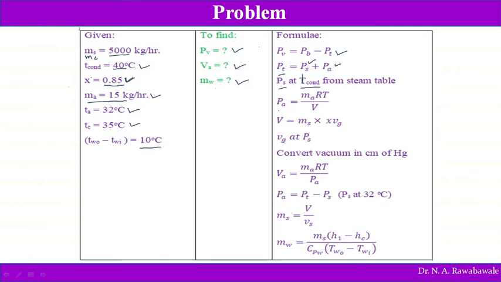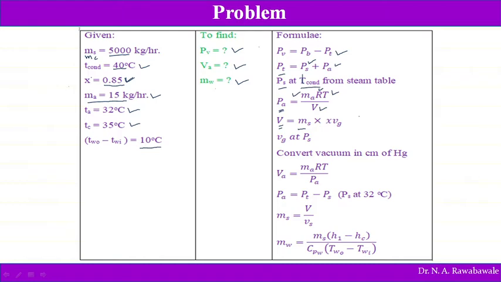PA can be obtained by this formula, PV is equal to MRT, so PA is MA into RT divided by V. If we know the mass, R is a constant and the temperature of air is known. If we know the volume, then the partial pressure of air can be obtained. To know the volume, volume is equal to mass into specific volume.